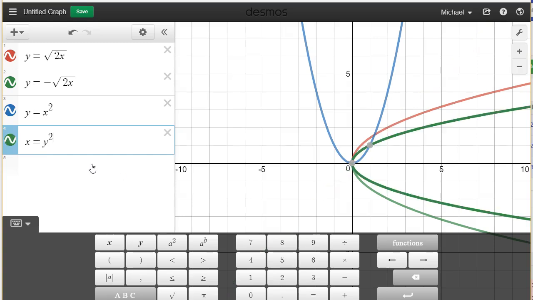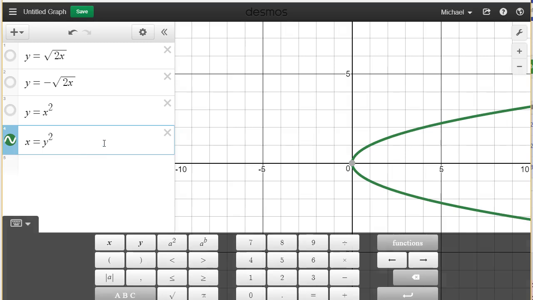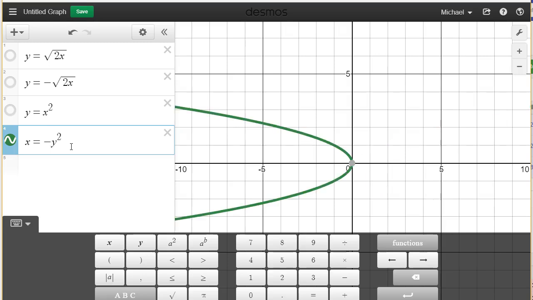Let me turn some of these other things off so we can get them out of the way. When we have x equals y to the power of 2, we also get a parabola, except it faces to the side. If the number in front of the y squared is positive, it opens to the right. I'd like you to take a moment, pause the video, and write this down. And if the number in front of the y squared is negative, it opens to the left.